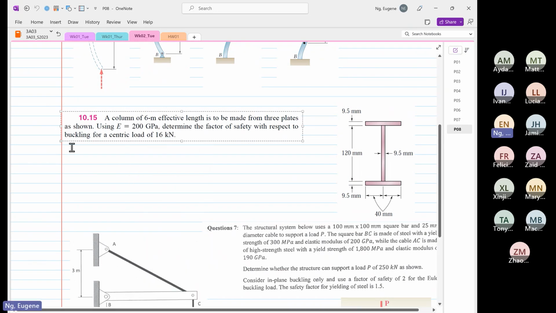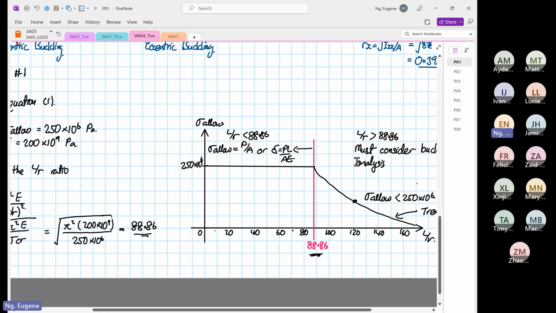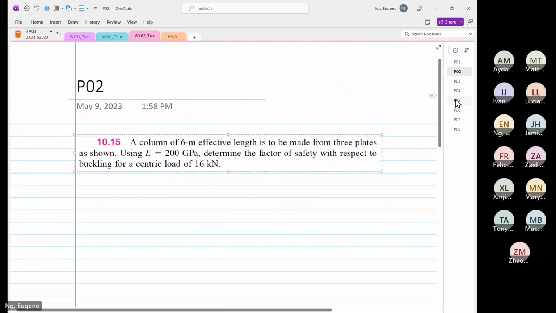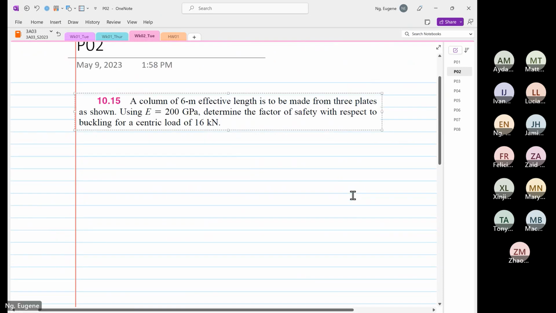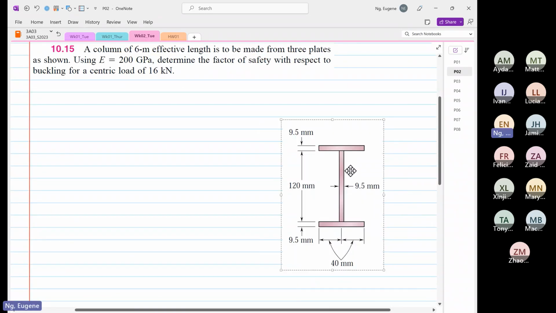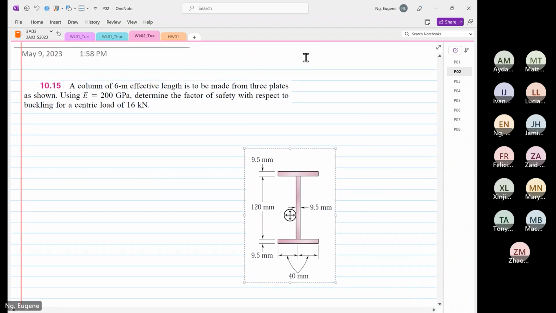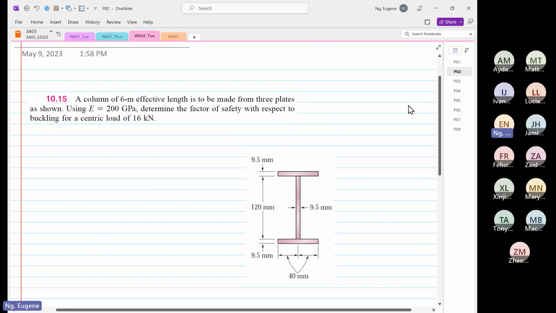So I'm going to copy this. Let's look at an example, then we go into more theory, not like last week, too much theory. You guys feel really bored. So this is our example number 2.